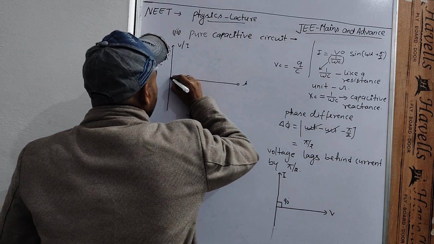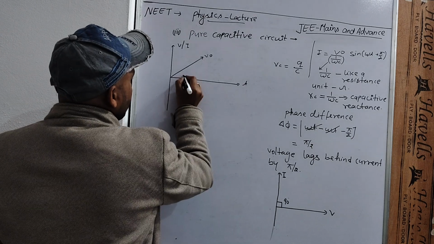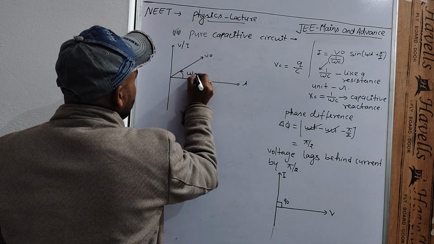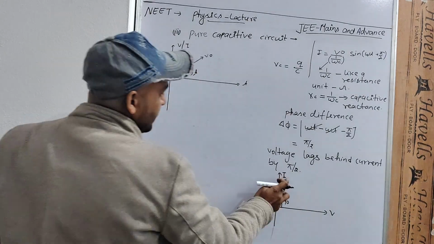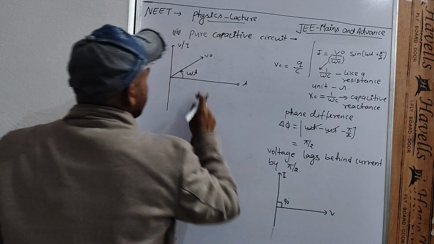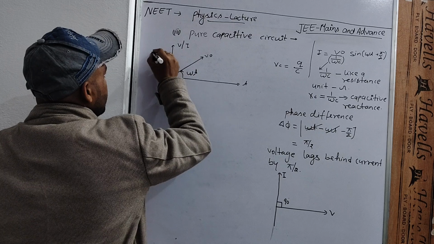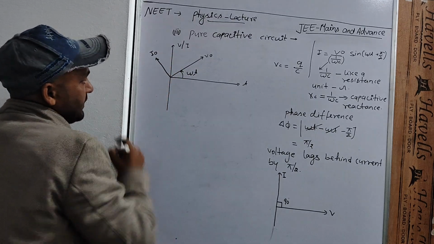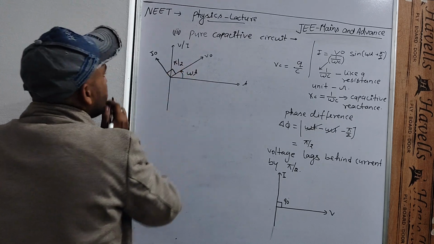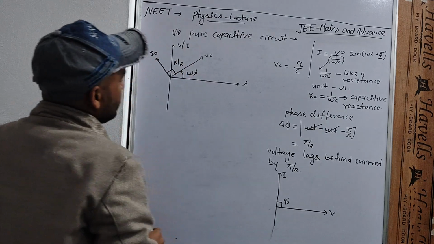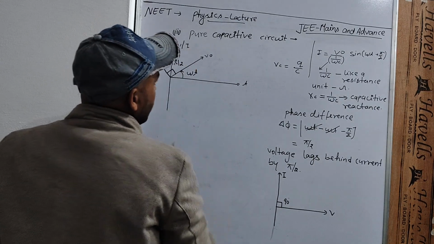Then the arrow shows peak value of voltage, and it is at the angle of omega t, or may be called phase of voltage is omega t. Then current leads by pi by 2 of voltage. Then the arrow of current will be here, shows the peak value of current, which leads by angle pi by 2. This is the phasor diagram of voltage versus time, or instantaneous current versus time.